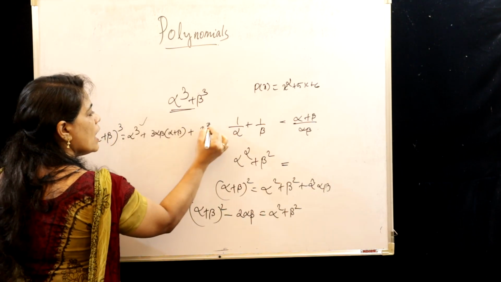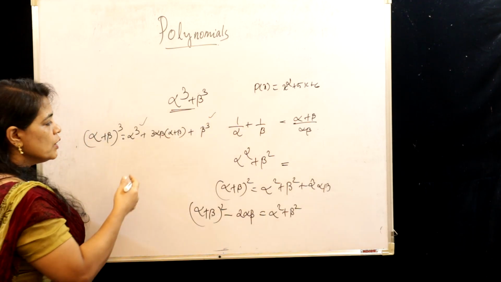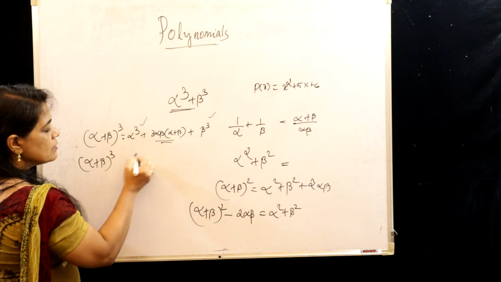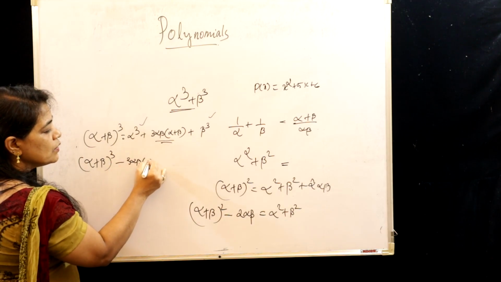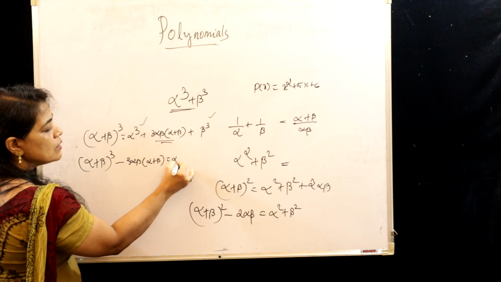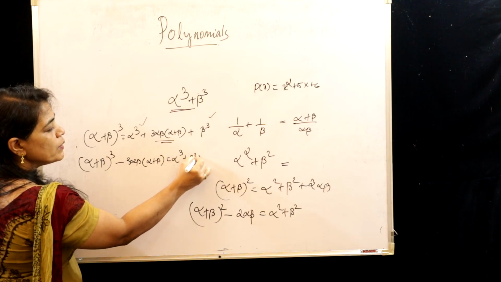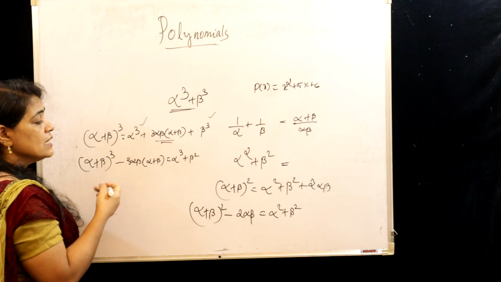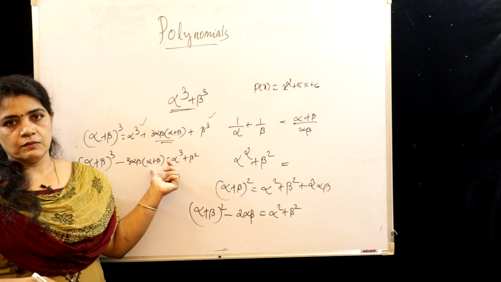If you keep alpha cube plus beta cube alone, you can take alpha plus beta whole cube minus 3 alpha beta into alpha plus beta, which is equal to alpha cube plus beta cube. Taking the term to the RHS, it becomes minus 3 alpha beta into alpha plus beta.